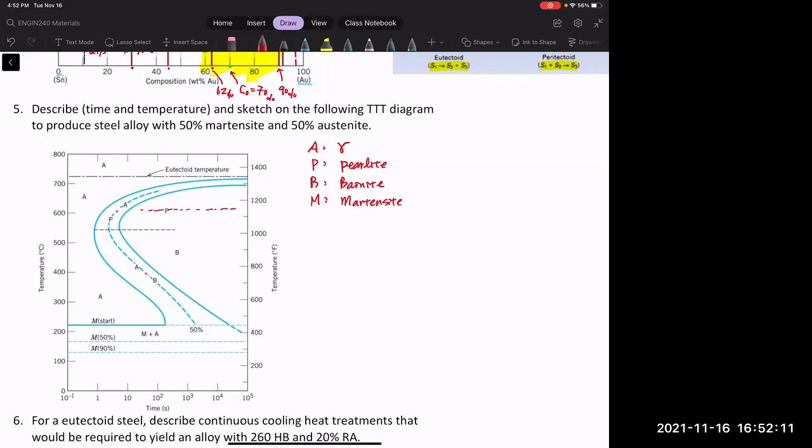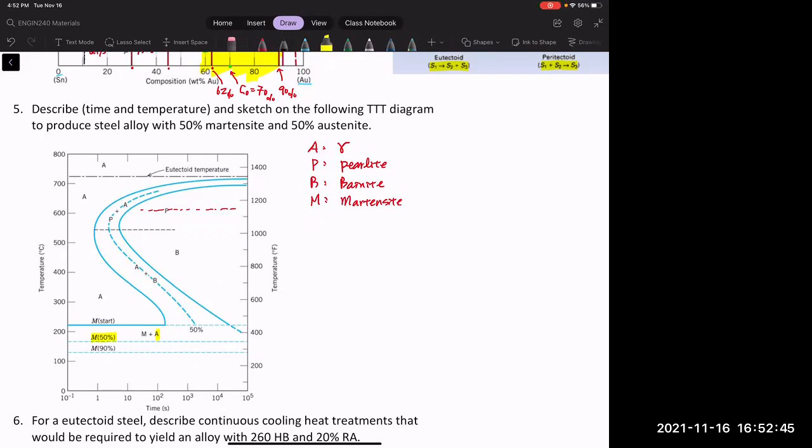Okay, now 50% martensite, you can see it on this diagram, which is this one here. If this is 50% martensite, then what is the other 50%? Well, the other 50% is the austenite. So if you wanted to get this product, then you have to make your process end at this line here.